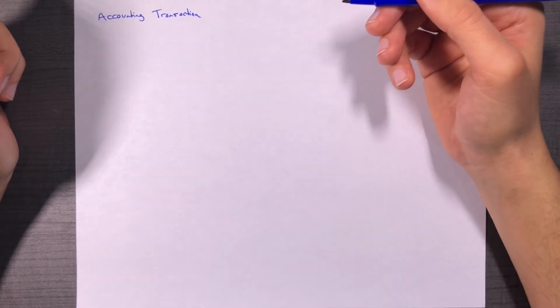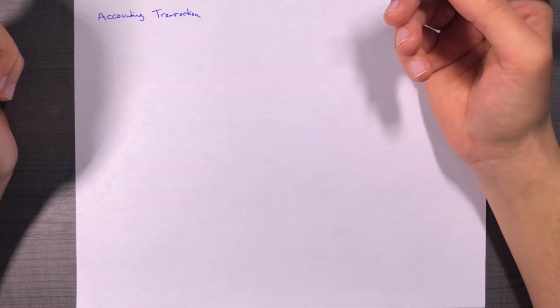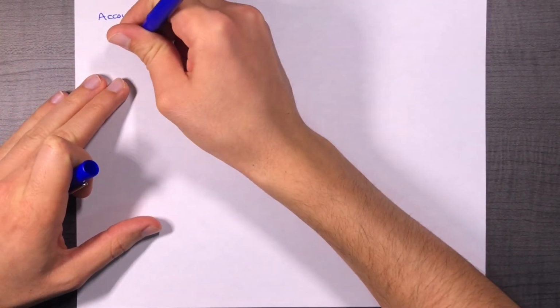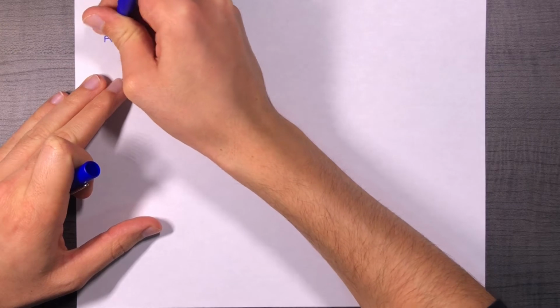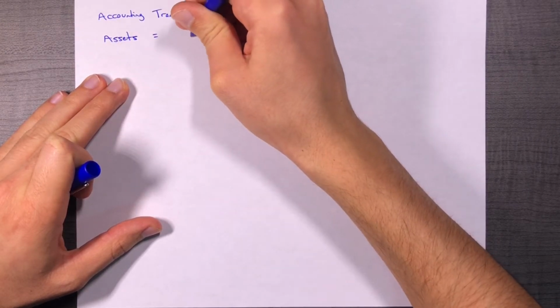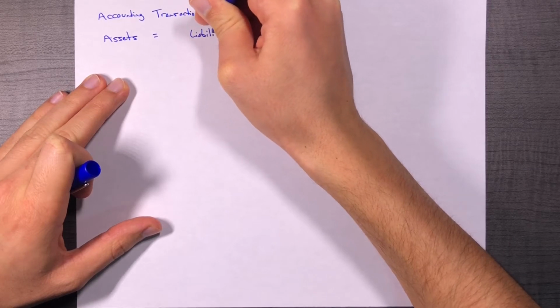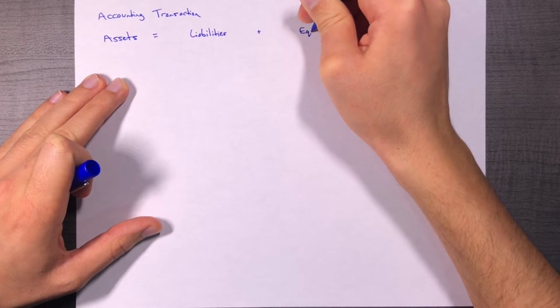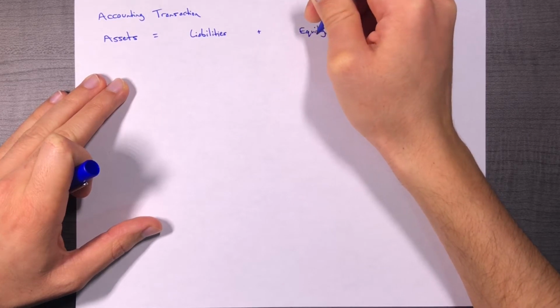So now that we've covered what an accounting transaction is, let's revisit the accounting equation we discussed last video. If you recall, and I really hope you do, the accounting equation is assets equal liabilities plus equity. However, we can take it a step further.